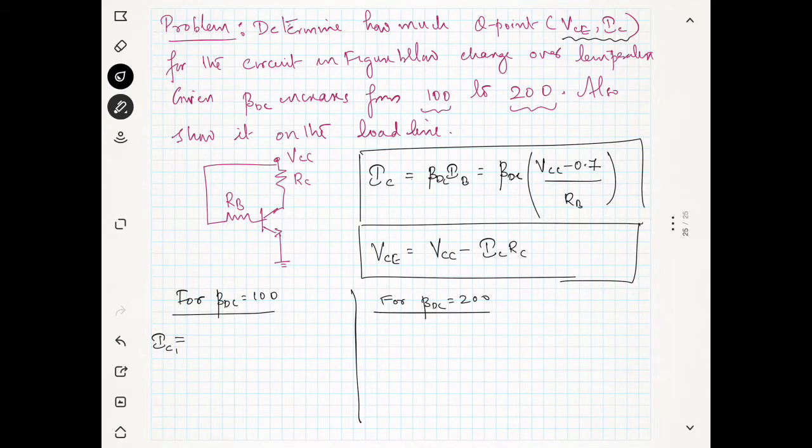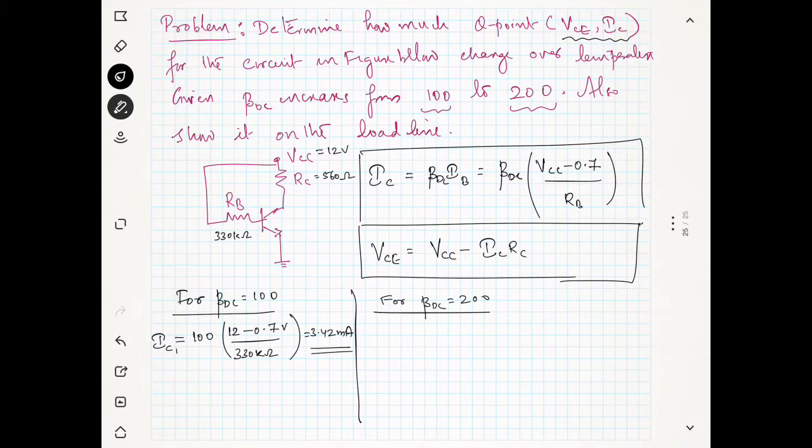IC1 is nothing but beta, which is 100, times 12 volt, with RC given as 560 ohm and RB given as 330 kilo ohm. So we get 12 minus 0.7 over 330 kilo ohm, which is nothing but 3.42 milliampere.